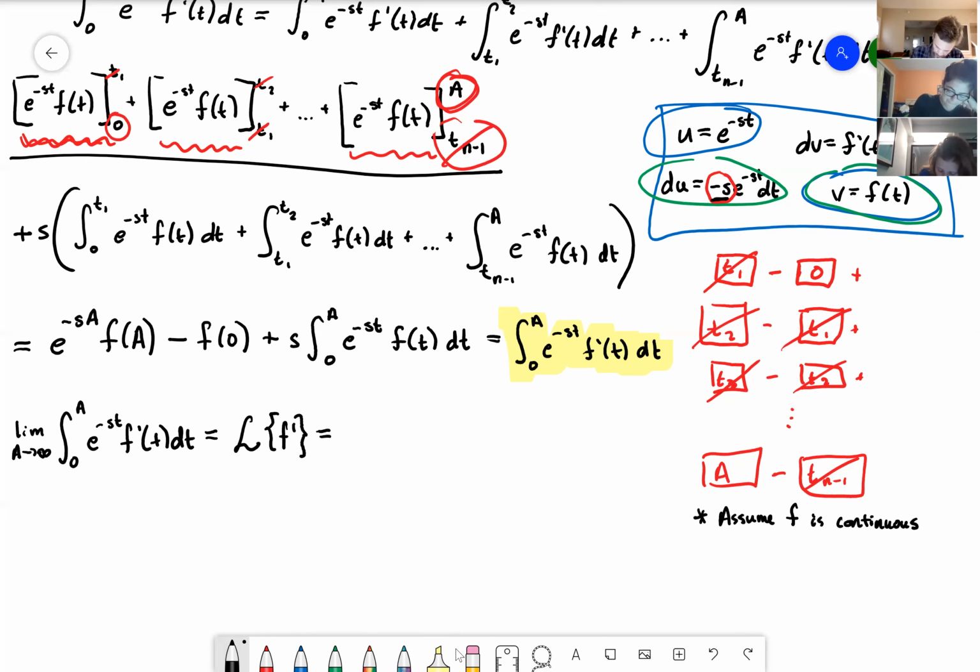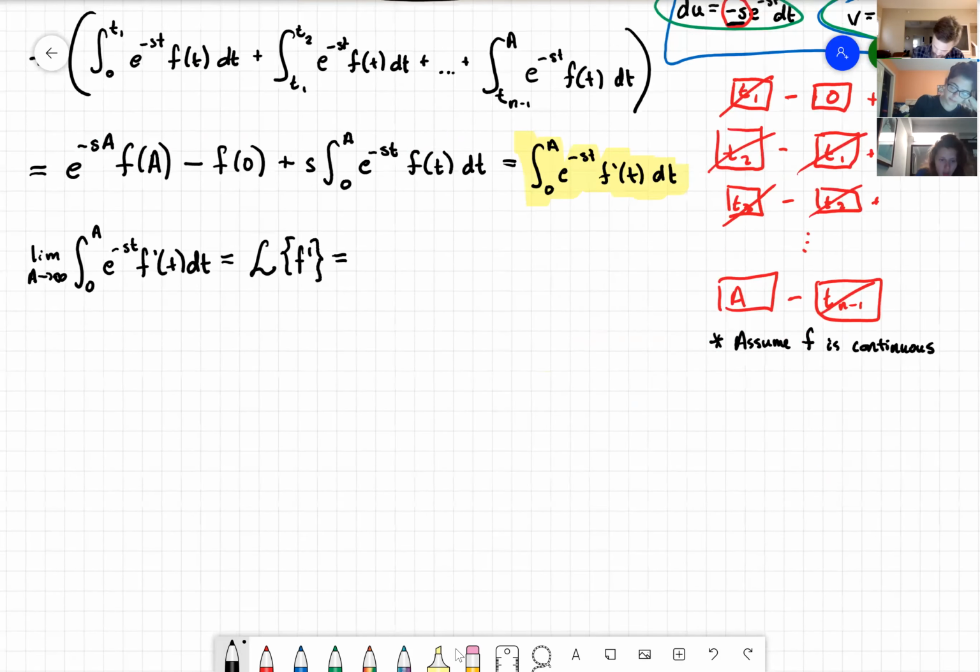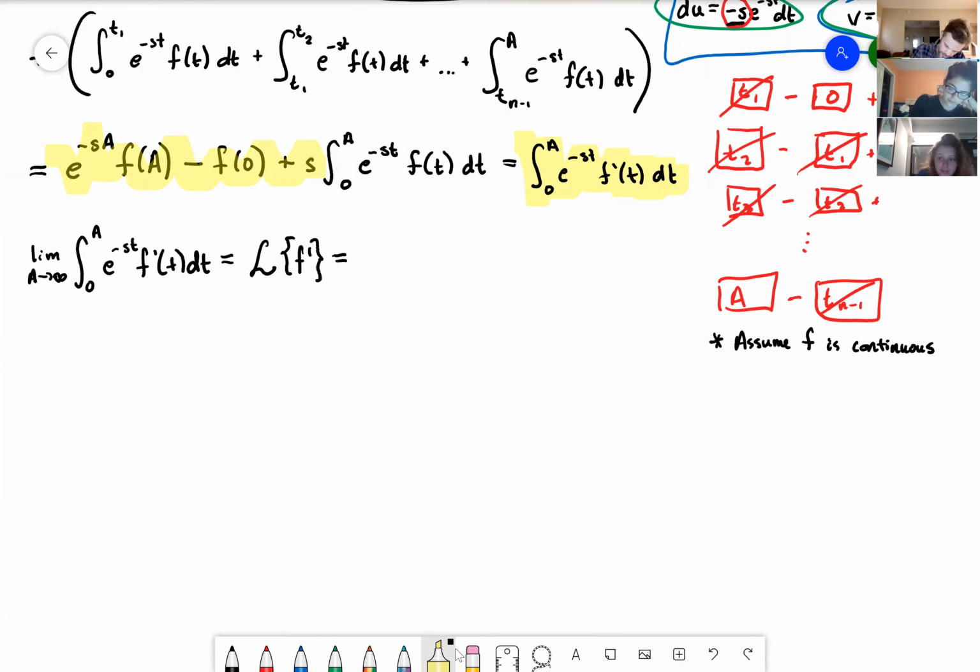Now, let's figure out what the right-hand side here should be. Sometimes the highlighter goes behind the font, sometimes it goes in front of the font. Anyway, in order to compute this, we're going to make one more assumption.